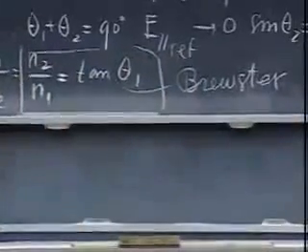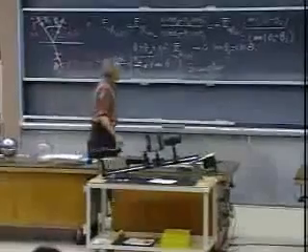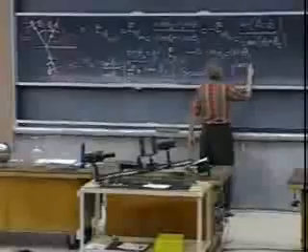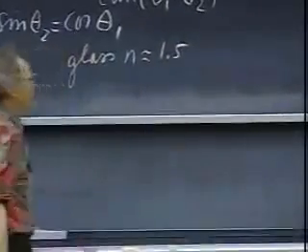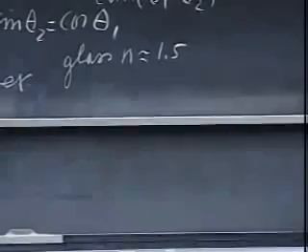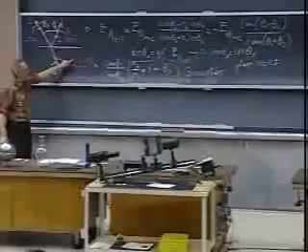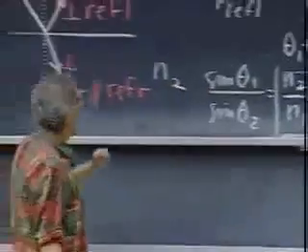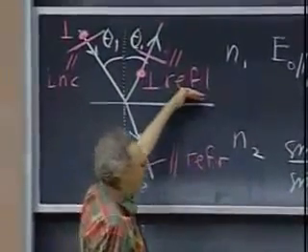If we, for instance, look at the transition from air to glass, glass has an index of refraction of approximately 1.5, depending on the kind of glass. If I go from air to glass, which is what I will do in my demonstration, then the tangent of this angle is n2 divided by n1. This is glass, so this is 1.5, and n1 is 1.